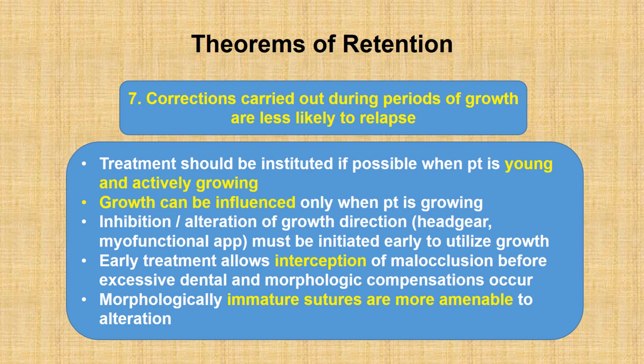Any inhibition or alteration of growth direction using appliances such as headgears or myofunctional appliances must be initiated early to utilize the growth potential. Now, early treatment allows interception of malocclusion before excessive dental and morphological compensations occur, and morphologically immature sutures are more amenable to alteration.